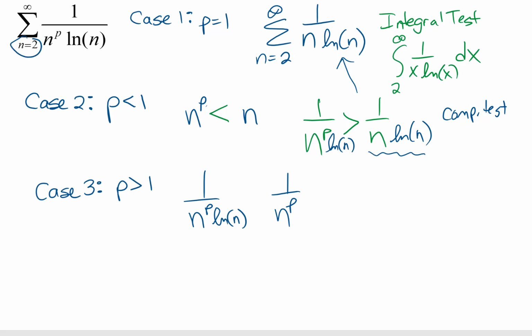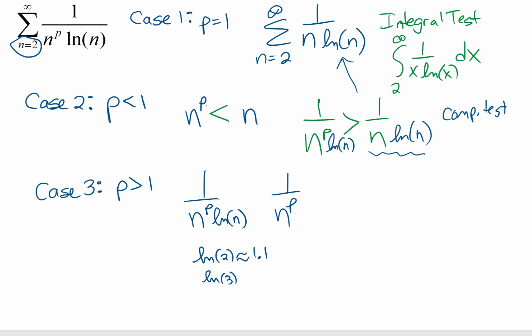For this problem, it says we're doing n equals 2 to infinity. The natural log of 2 is about 1.1, so it's greater than 1. And then, of course, if you did 3 and so forth, all of those are going to be larger still. So the smallest the ln n can be is about 1.1.